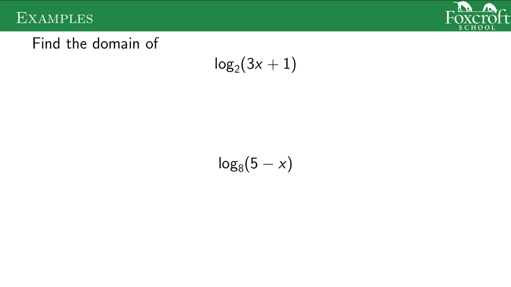Now we're going to have a slightly more complex log equation. You want to find the domain, but the important thing when you're dealing with a log is just remembering that whatever is inside the logarithm has to be positive, has to be bigger than 0. So the general strategy for all these ones is take whatever is on the inside of the parentheses and set it bigger than 0. And now we just get this inequality we have to solve. First thing, subtract 1 from both sides.